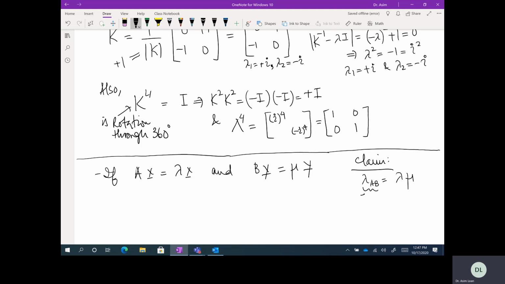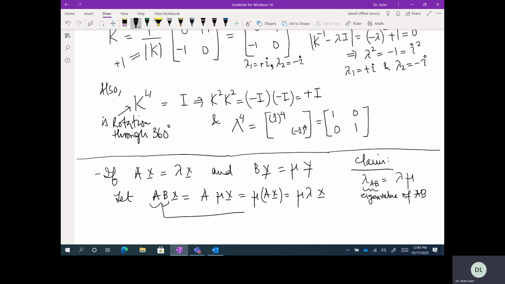So my proof here is, I say let ABx equal A times mu x, which is equal to mu times Ax, which is equal to mu times lambda x. So I say AB has eigenvalue mu lambda.